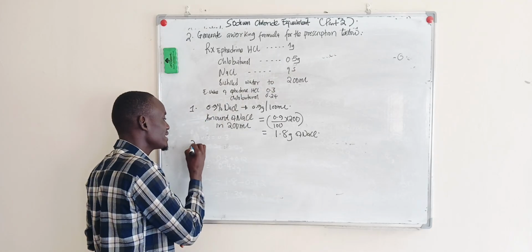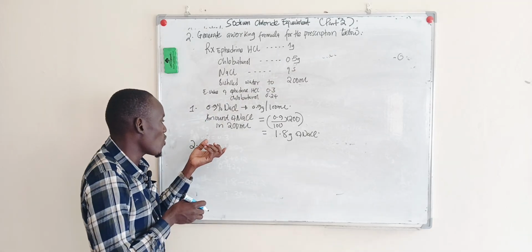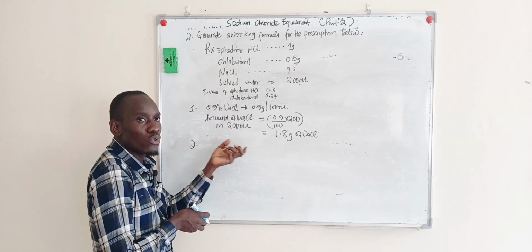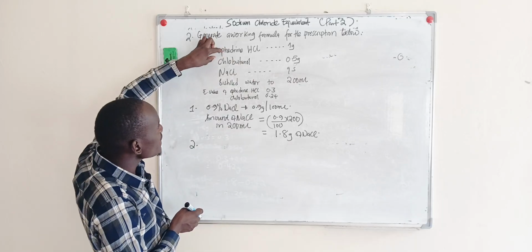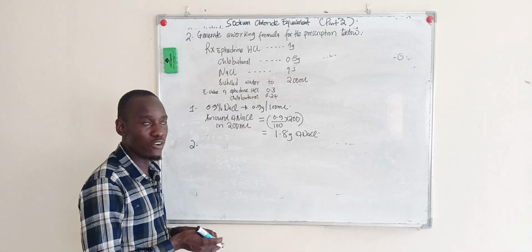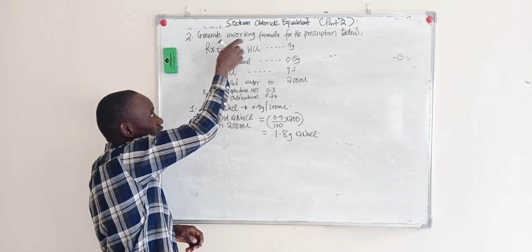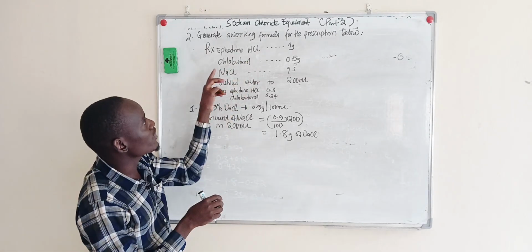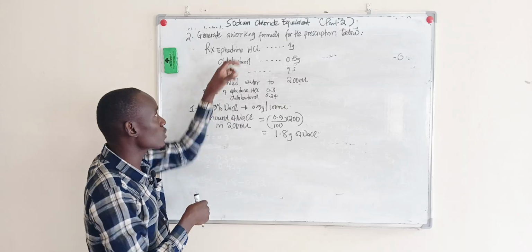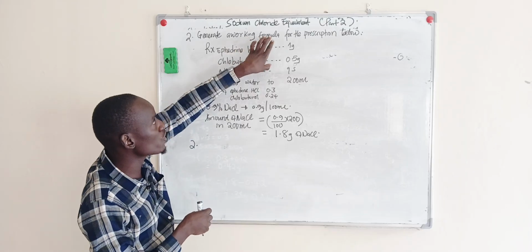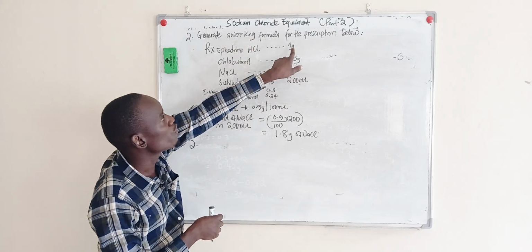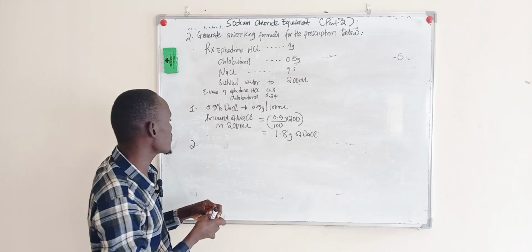So our second step, we need to obtain the sodium chloride equivalent of each of the ingredients in the formula. In this case, we have been given two ingredients, that is ephedrine hydrochloride and chlorbutanol. So we are going to calculate the amount of sodium chloride equivalent represented by each of the ingredients.